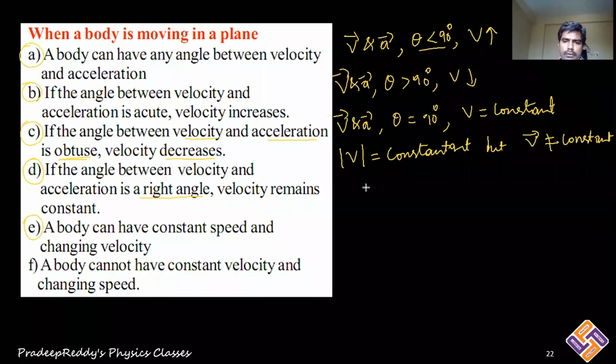I'll give an example. Let me consider a body moving in a circular path. When the body is moving in the circular path, at any particular point, this is the direction of velocity at that point. Direction of velocity is like this. Direction of velocity is like this.